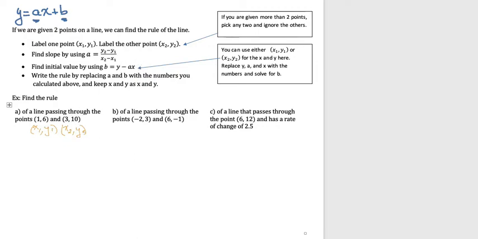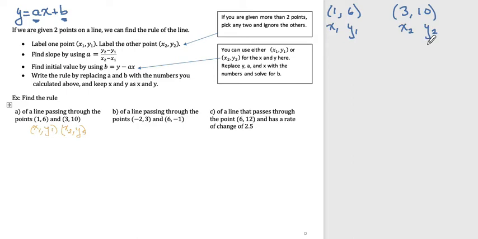And then we can use our equations to find a and b. So I'm just going to rewrite our (1, 6) and our (3, 10) over here. We have (1, 6), and we have (3, 10), and we've labeled them x1, y1, x2, and y2.